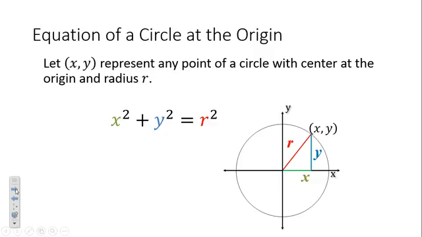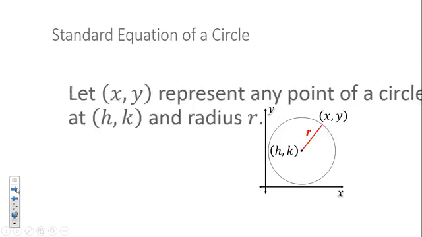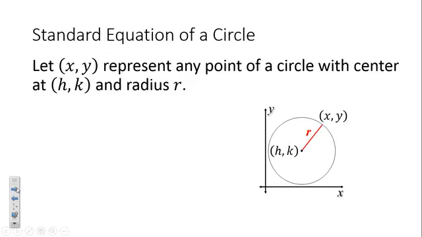Okay? So, very easy formula, right? We have a squared x, a squared y, a plus sign in the middle, and some r that's squared on the other side. What makes it a little more complicated is when we shift that circle and we don't have a center at 0, 0 anymore.